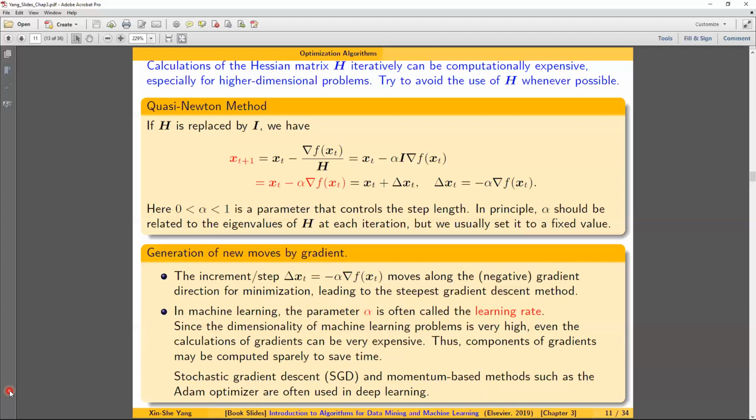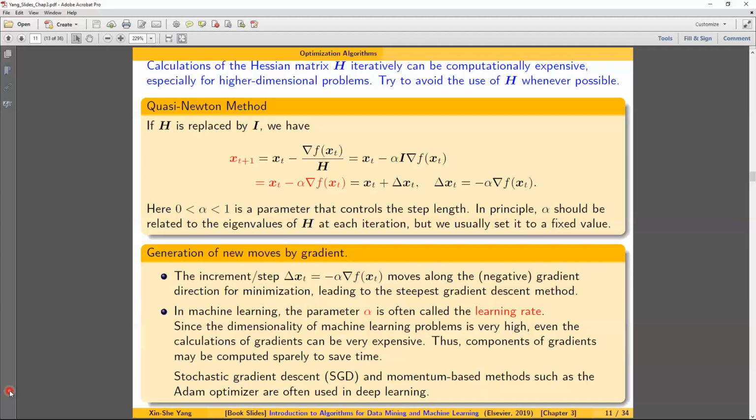Just be aware that the dimensionality of machine learning problems is very high. Even the calculation of the gradient can be very expensive. Therefore, the components of the gradient may be computed sparsely to save time.